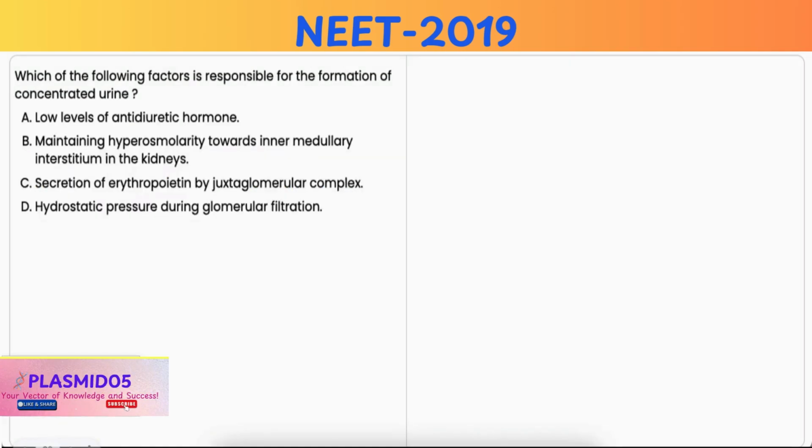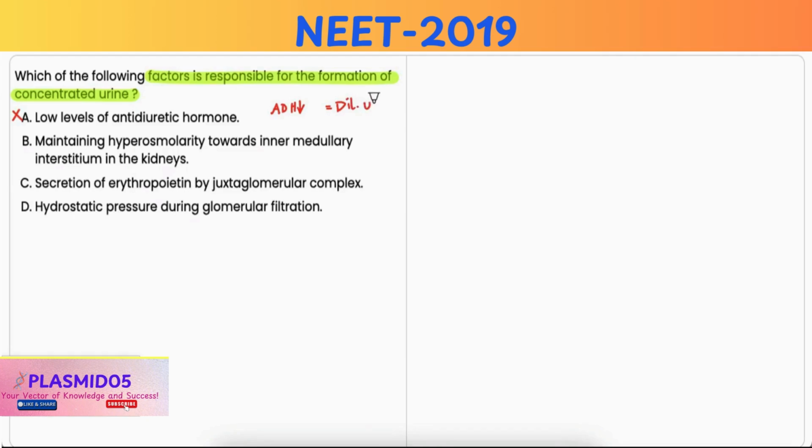In this question, you have to identify the factor which is responsible for the formation of concentrated urine. Option A, low levels of anti-diuretic hormone, that is ADH. It is incorrect because low levels of ADH would lead to the production of dilute urine, as the main function of the ADH is water reabsorption in the kidney tubules.